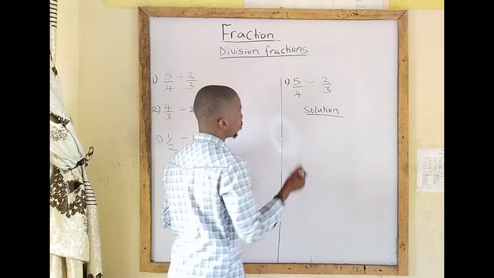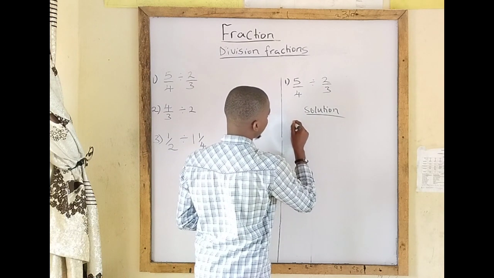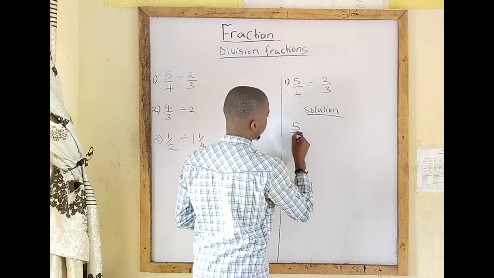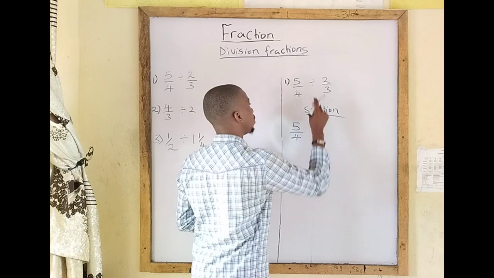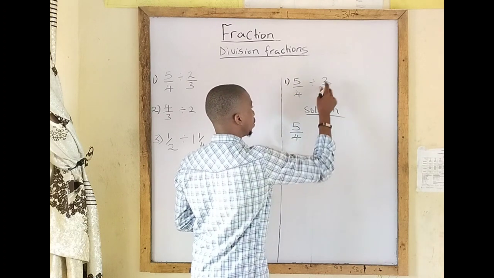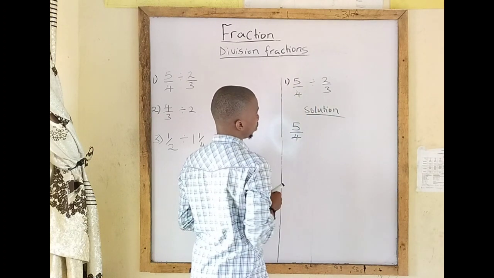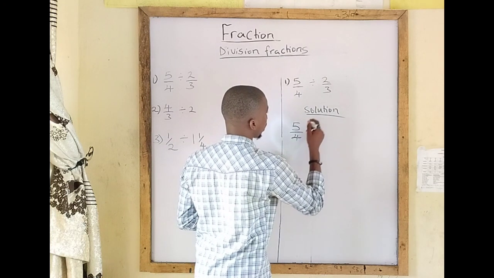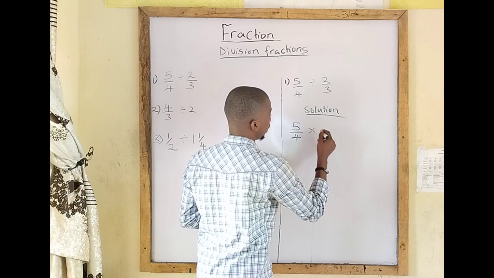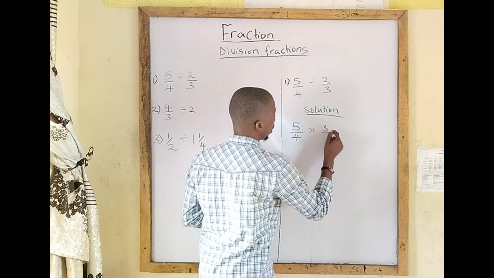So now if we write this 5 all over 4, we take the reciprocal of 2 all over 3, and the reciprocal of 2 all over 3 is 3 all over 2.